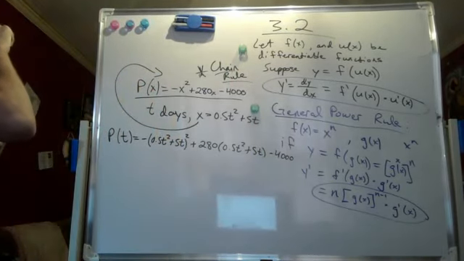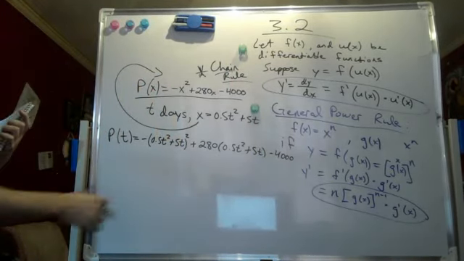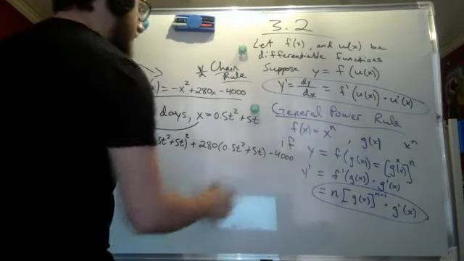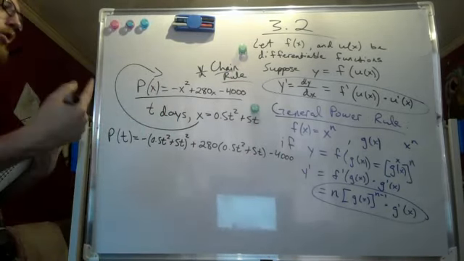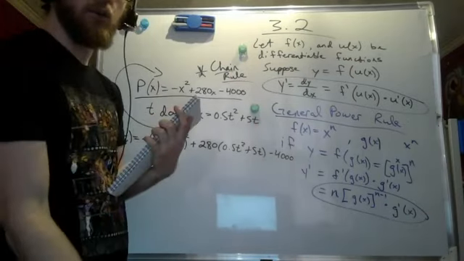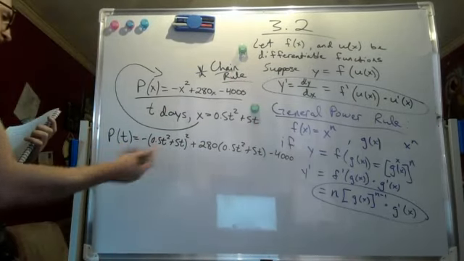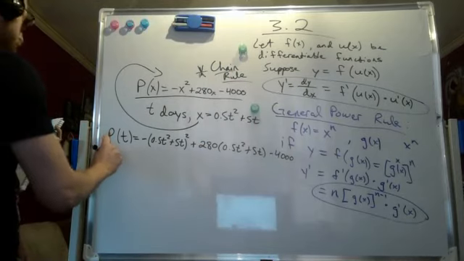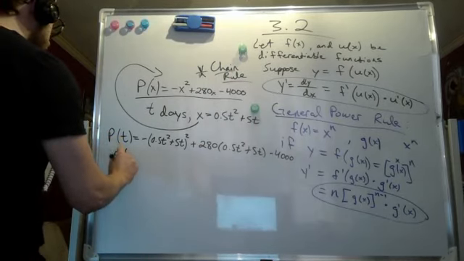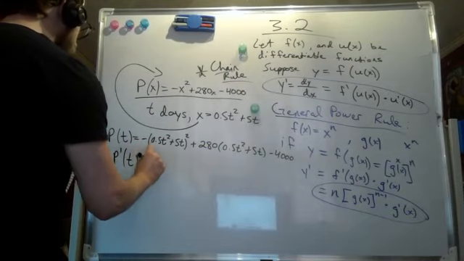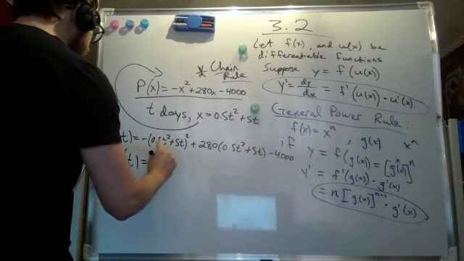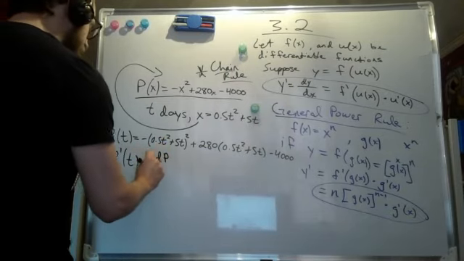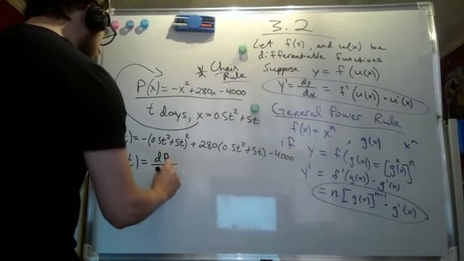So this is the expected profit based on how many days have passed during a week. Are we on day 1, day 2, day 3, so on. So we have this now. Okay, great. So what? Well, now we can find P prime of t, or in other words, the rate of change in profit with respect to time.